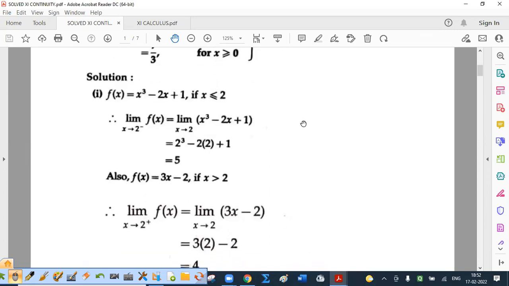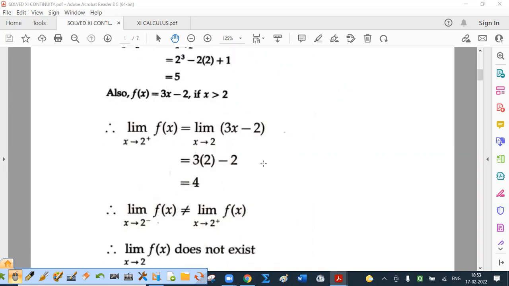Now, f of x is x cube minus 2x plus 1 if x is less than or equal to 2. So, limit x tends to 2 minus f(x). What is the value of the limit? Take the limit in the first step, 5. f of x is 3x minus 2 if x is greater than 2. So what is that right hand limit? It comes out to be 4. Left hand limit is not the same as right hand limit.